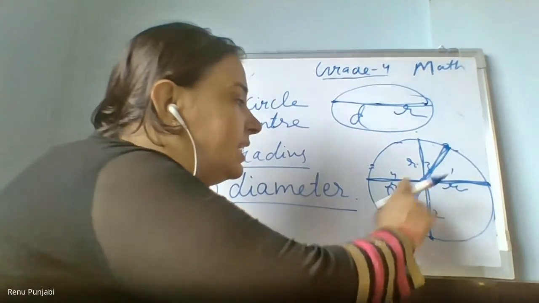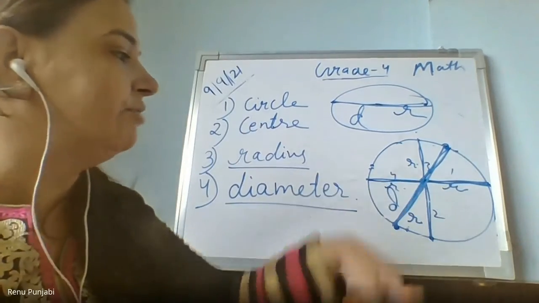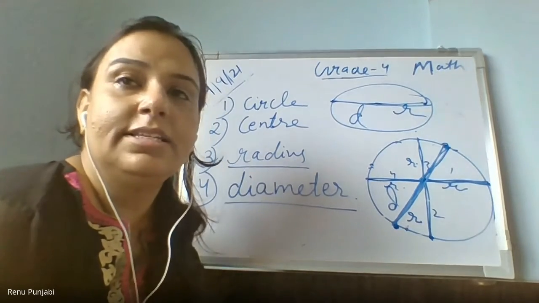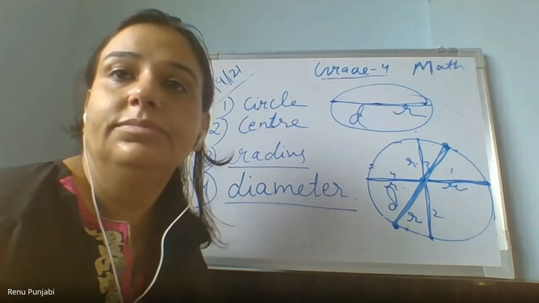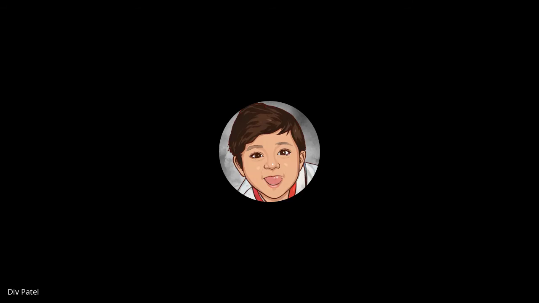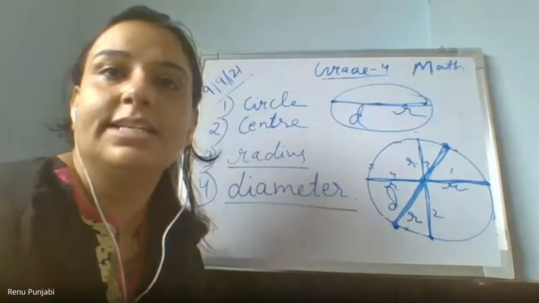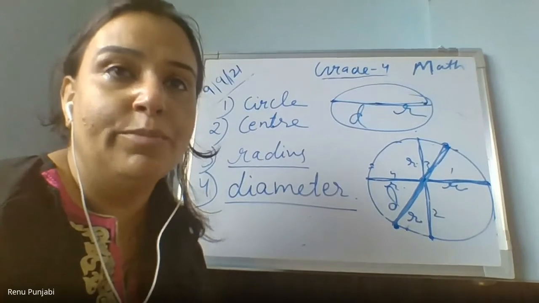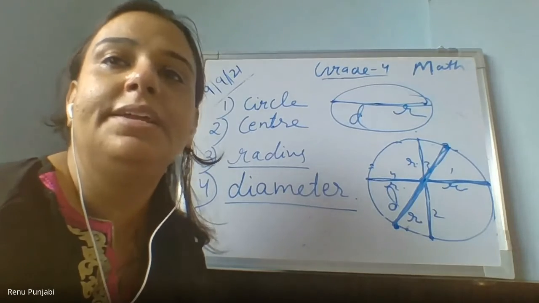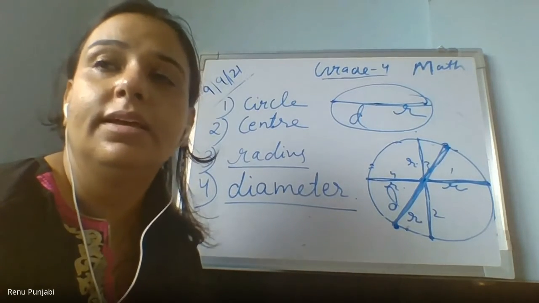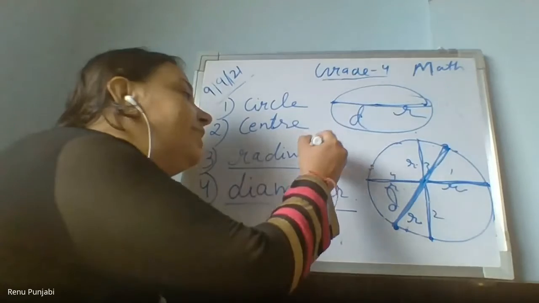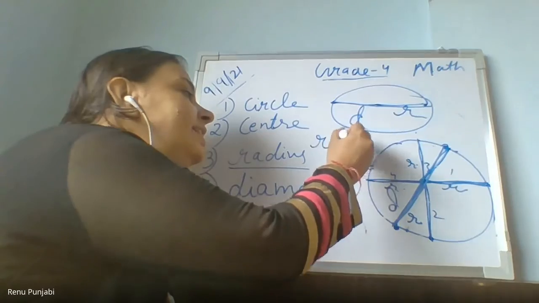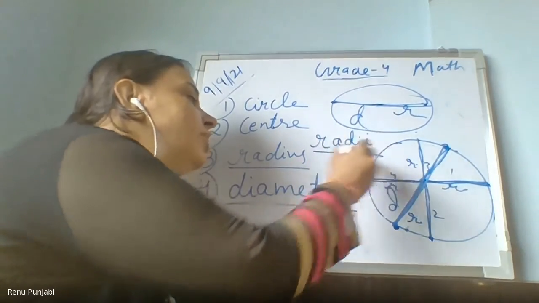Suppose I ask, in this circle which I have drawn, how many radii are there? Ma'am, 6. So when it's plural, more than one radius, I will say radii. Radii.